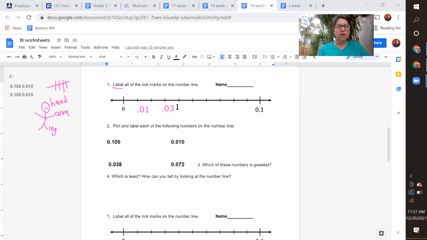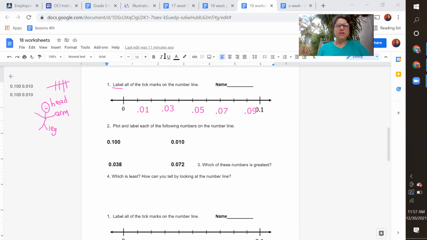And then this one's 0.04, 0.05, 0.06, 0.07. You have to do all of them. 0.08, and of course, 0.09. So that's how you label all the tick marks on the number line. Easy, right? Please finish that.